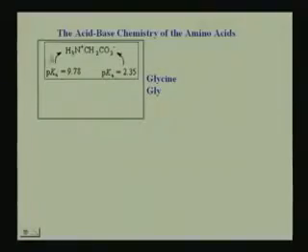Okay, we continue our discussion on the acid-base chemistry of amino acids, which we were discussing in our last class. We understood that if we have a structure such as this, as in glycine, we have our protonated NH3+ and we have our CO2-.